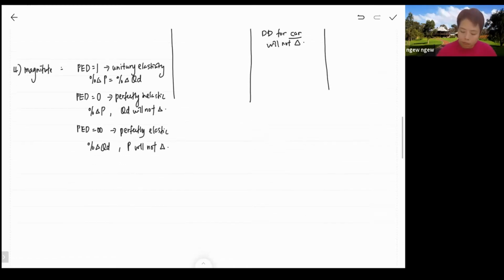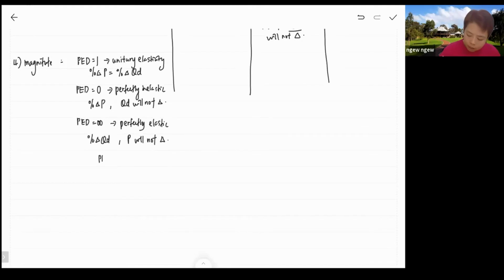And we also learned when PED is between 1 and infinity, this is elastic demand. You can always go back to the video that I discussed about PED to check on this, to revise this, okay? And when PED is between 0 and 1, we call it inelastic demand, okay?